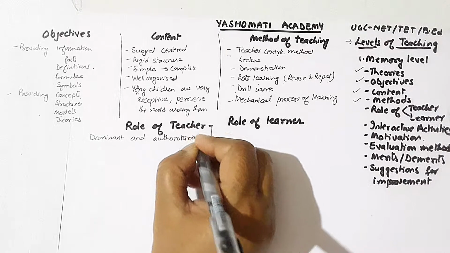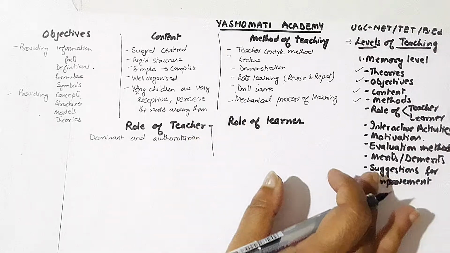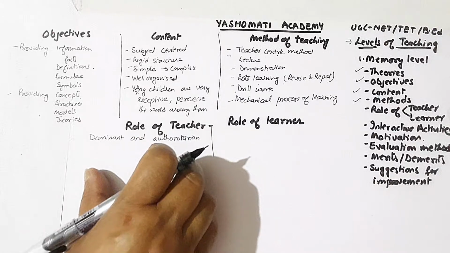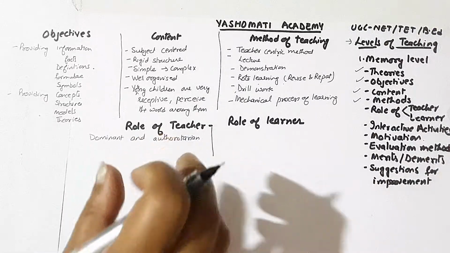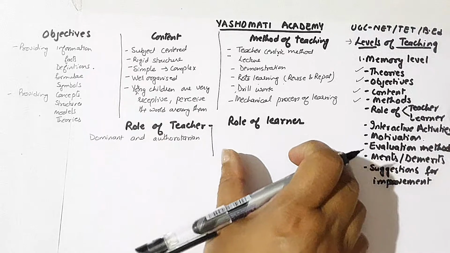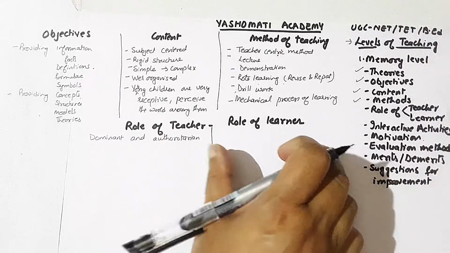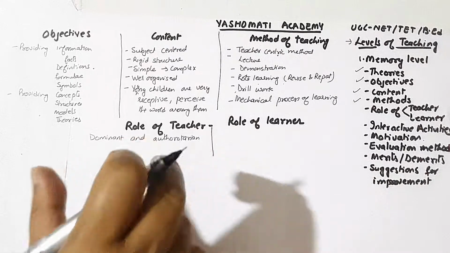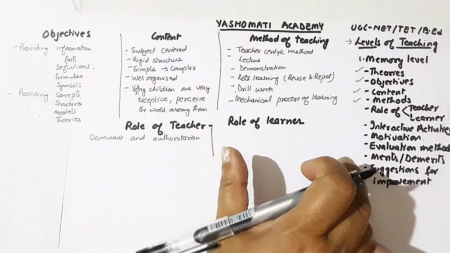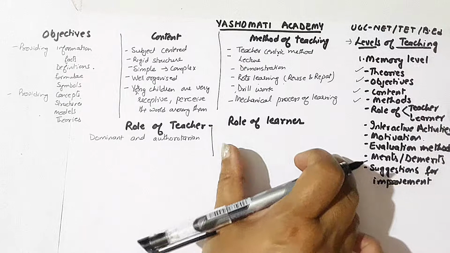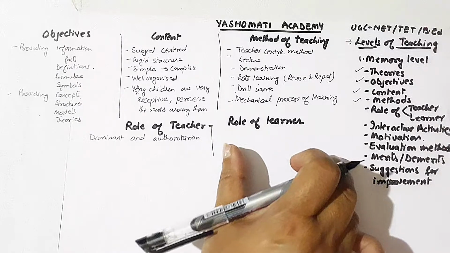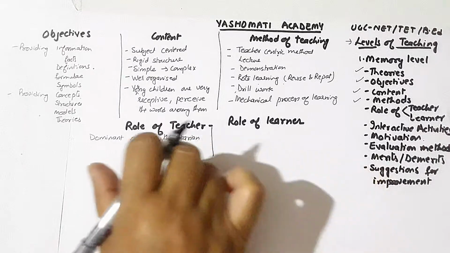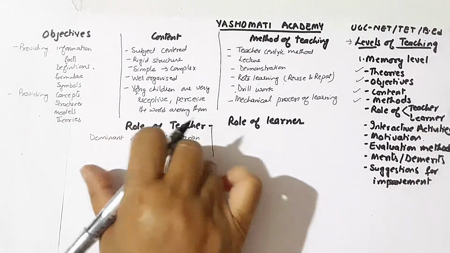That means that this method is centered on the teacher and all the decisions are taken by the teacher, and the learner either is not at that stage to contribute his ideas to the process of teaching, or if the learner is mature enough, even then he has not got that much exposure to the content that he can contribute to the content or the process.